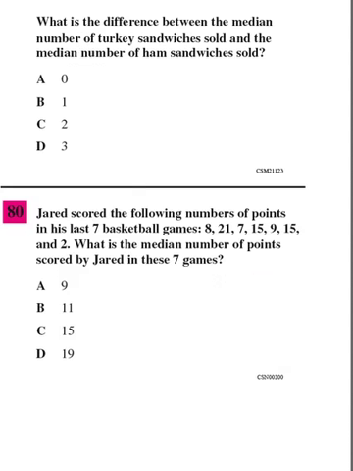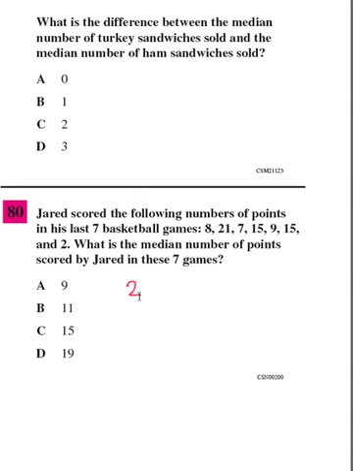Problem 80. Jared scored the following number of points in his last 7 basketball games. What is the median number of points scored by Jared in these 7 games? So to find the median, we're going to put these numbers in order.